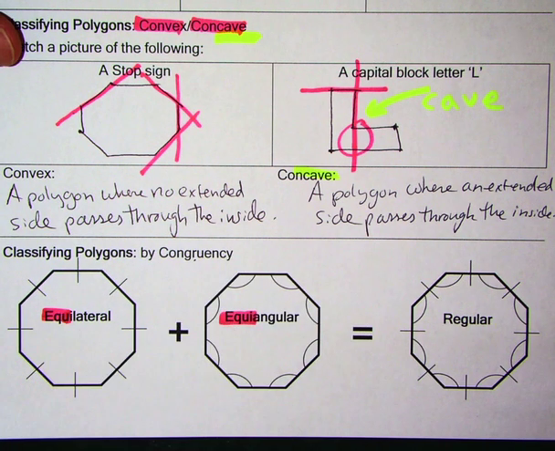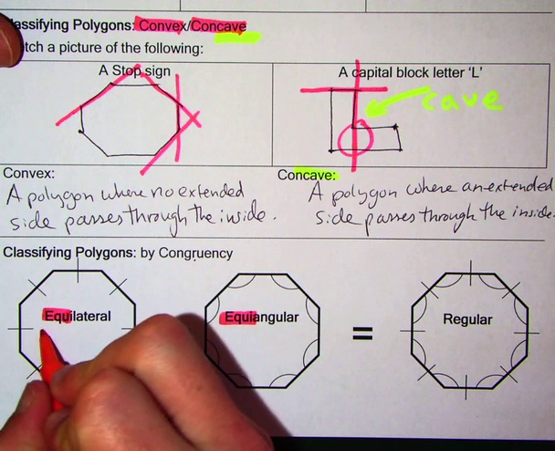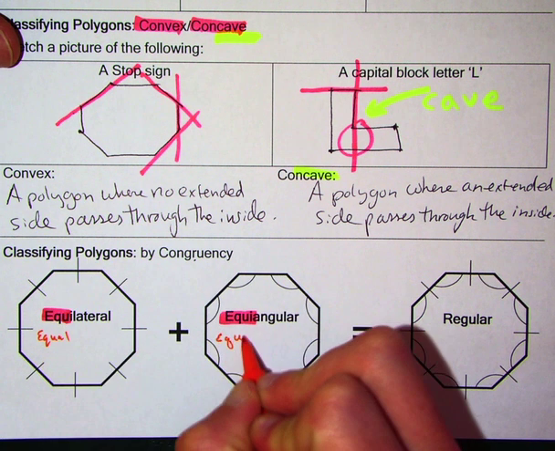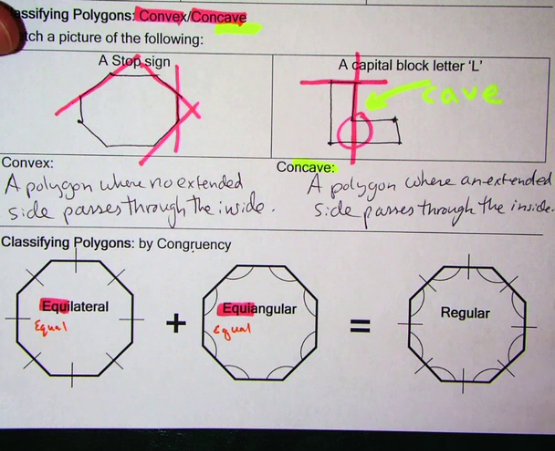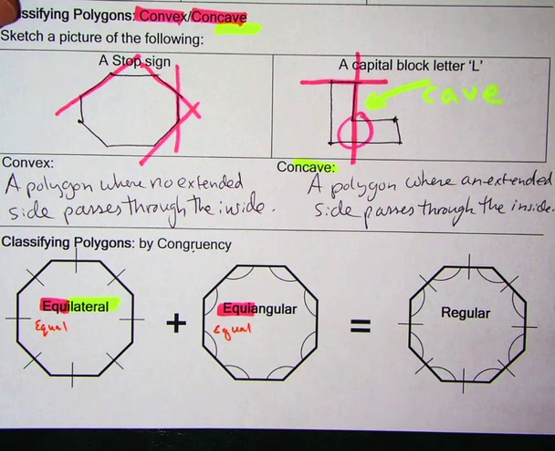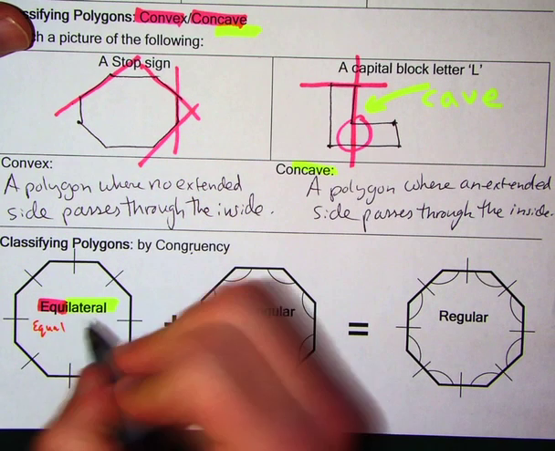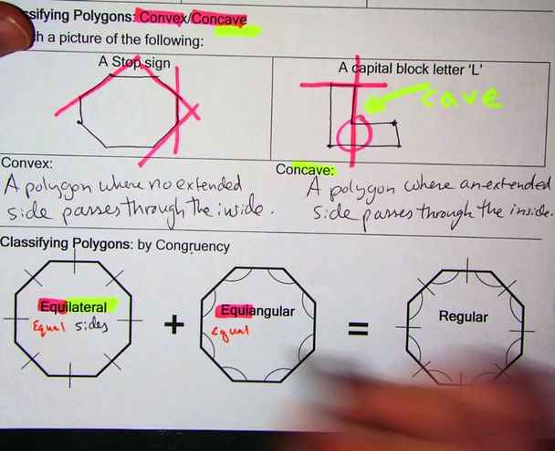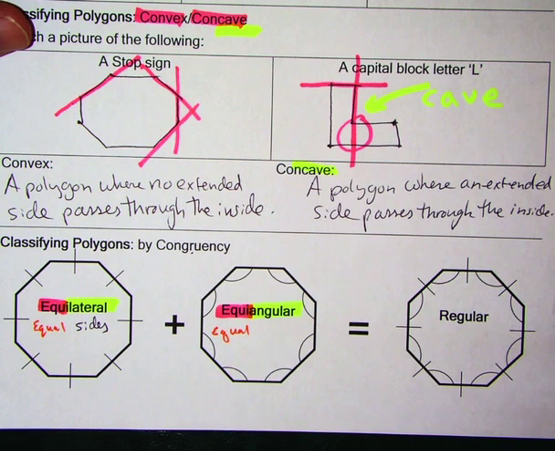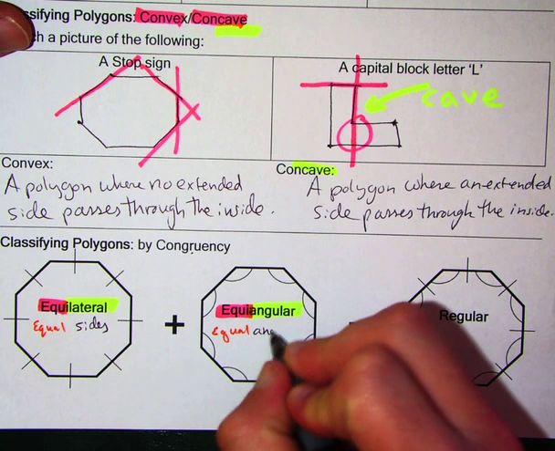So this here means equal. But then what does lateral mean again? Well, if you remember from the very beginning of this, lateral means side. So equal sides. Here, angular, you can tell, means equal angles.